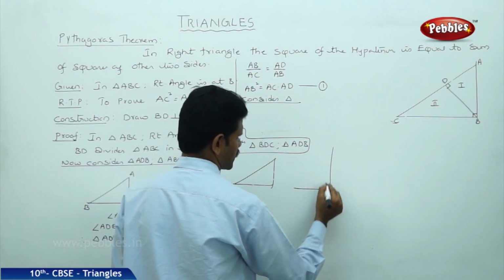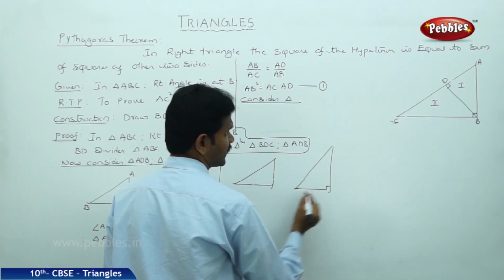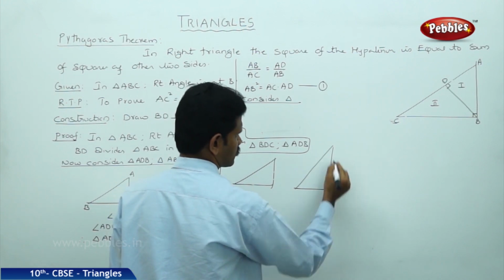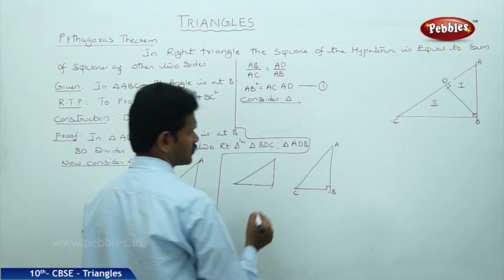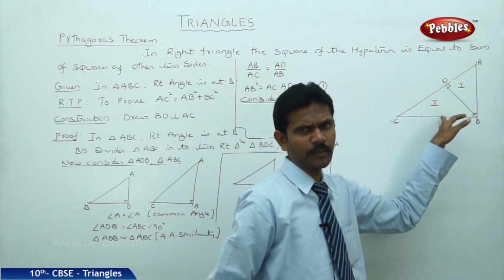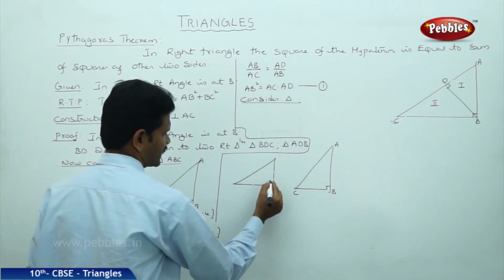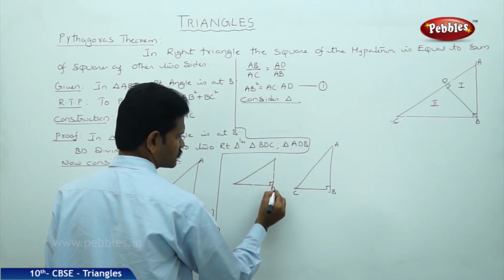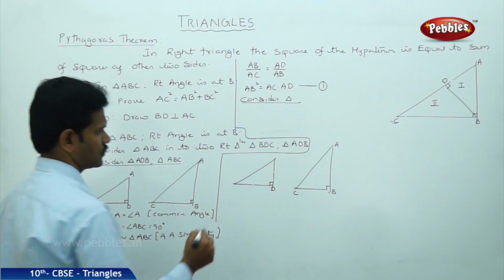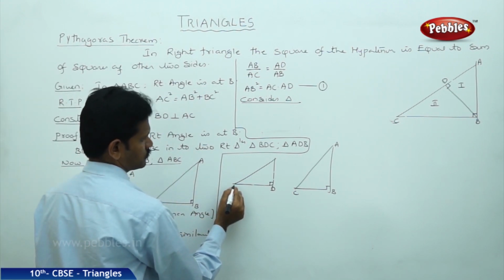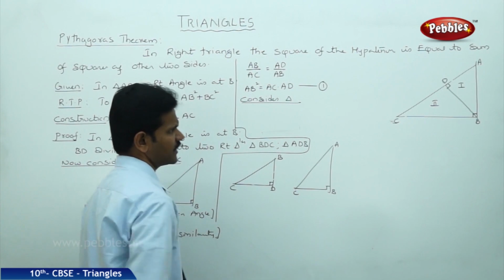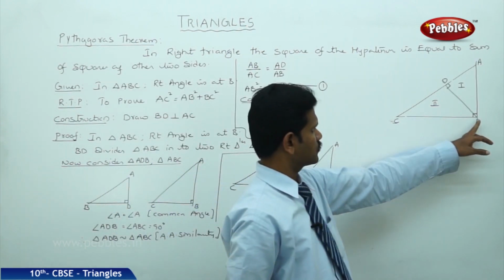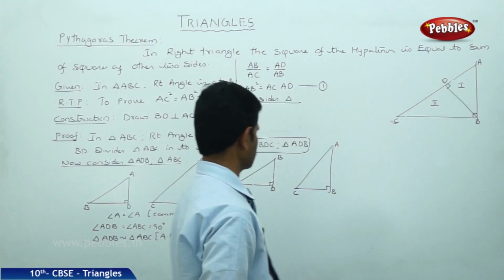Big triangle name is ABC and right angle is at B. Now let us consider the down triangle, part 2, where the right angle is at D. Second triangle name is BDC.